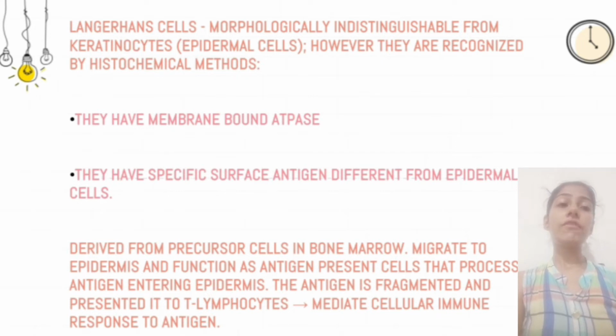They have specific surface antigens different from epidermal cells, are derived from precursor cells in bone marrow, migrate to the epidermis and function as antigen-presenting cells that process antigen entering the epidermis. The antigen is fragmented and presented to T lymphocytes, which mediate the cellular immune response to the antigen.